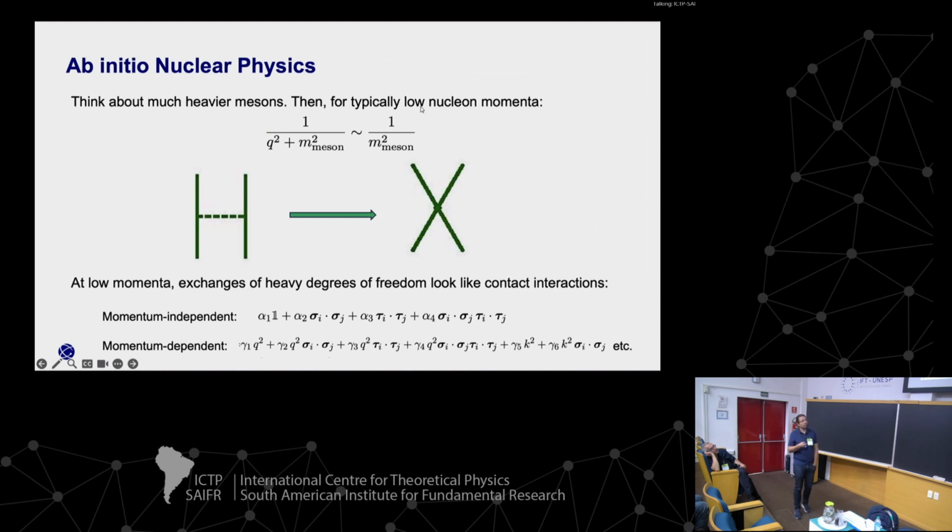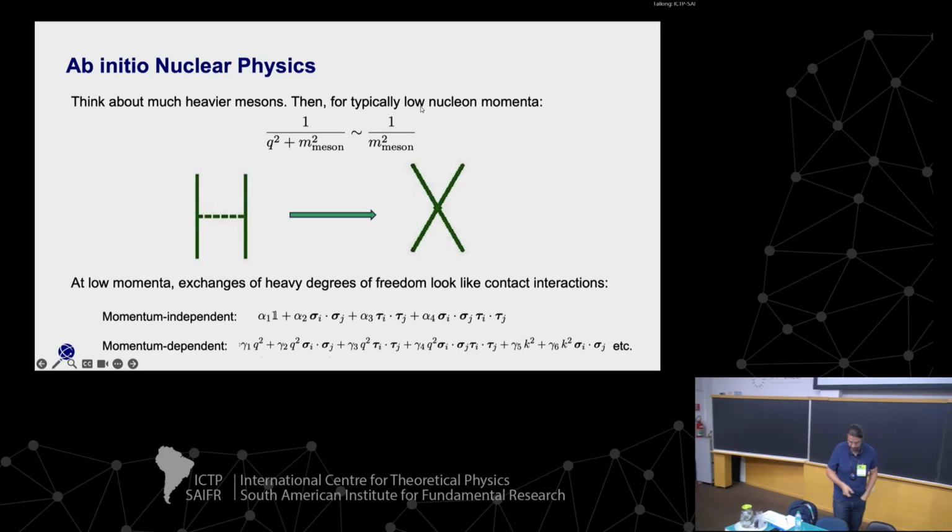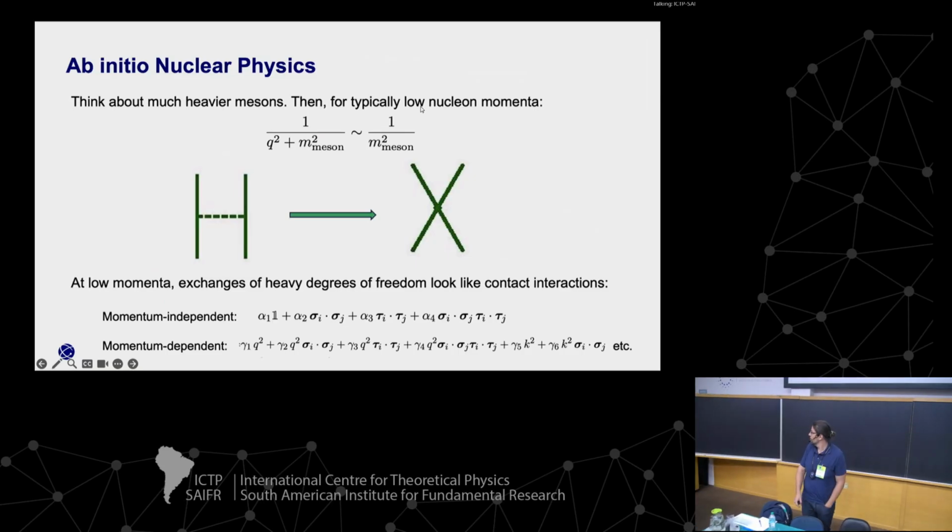If you write down operators for these contact interactions, you find something like this. You can have momentum independent ones that depend on these spin quantities and the isospin scalar product. You can have momentum-dependent interactions, so you can write down all of this. But generally, you have contact interactions, and you have the pion exchanges that I showed before.